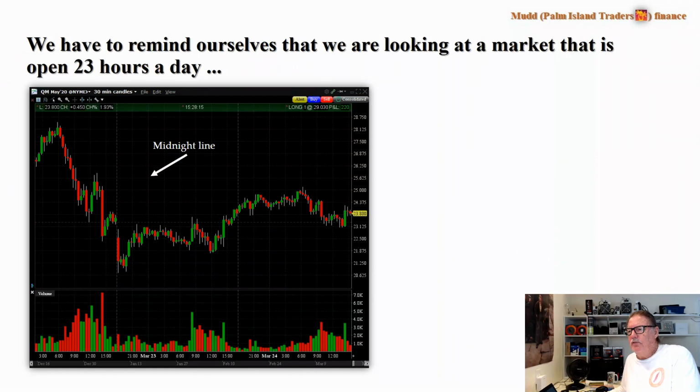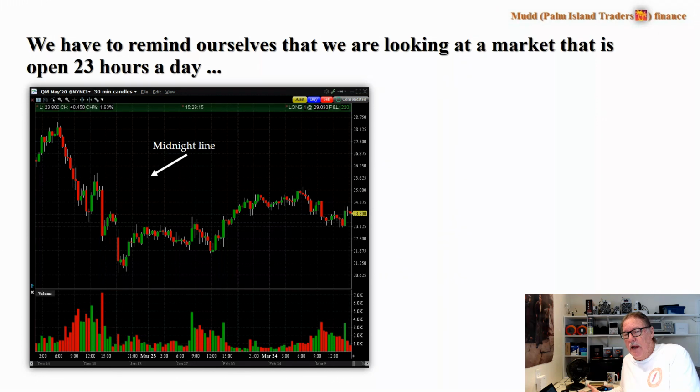I don't know if you can see this here, but this is a quotation chart for QM May 20, the same contract. And there's actually a midnight line that can barely be seen there. And so the space between the dotted line to the left of the midnight line and the midnight line was what normally we would consider after hours for the stock market.